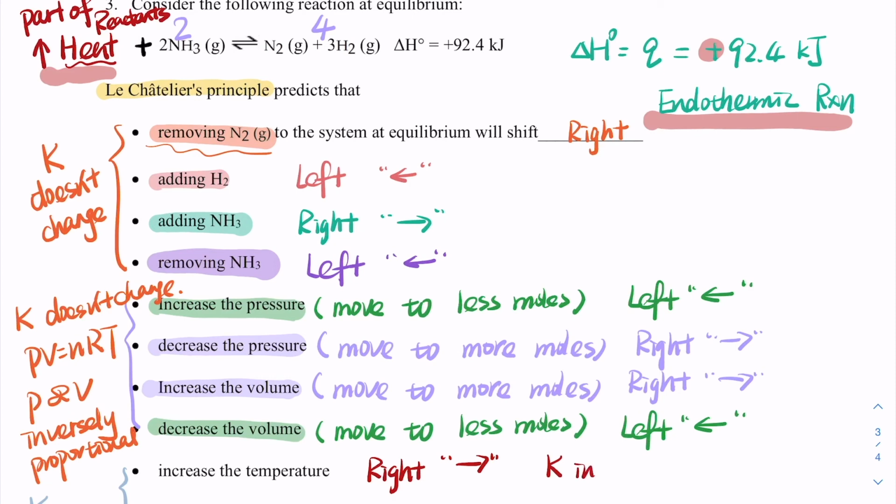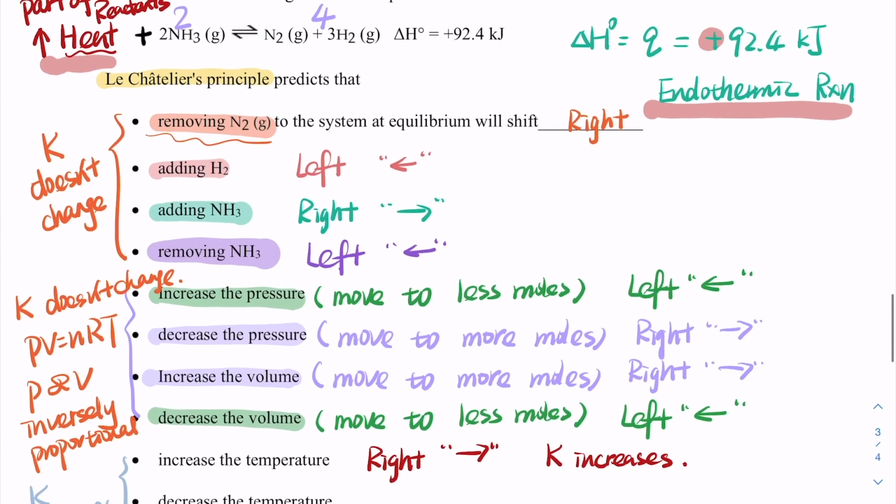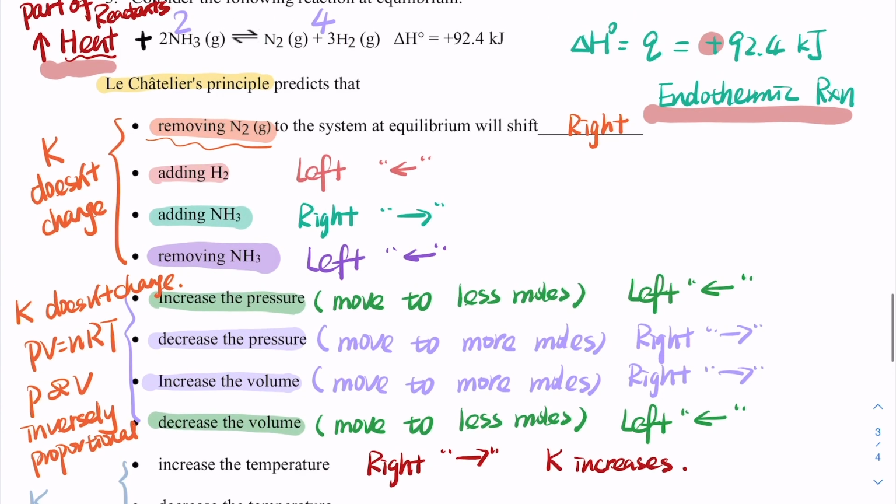Then you have the other way. If you decrease the temperature, you can think of it as taking some of the reactants out. The stress is that you have less of the reactants, so the equilibrium is going to shift to the left to make more of the reactants.